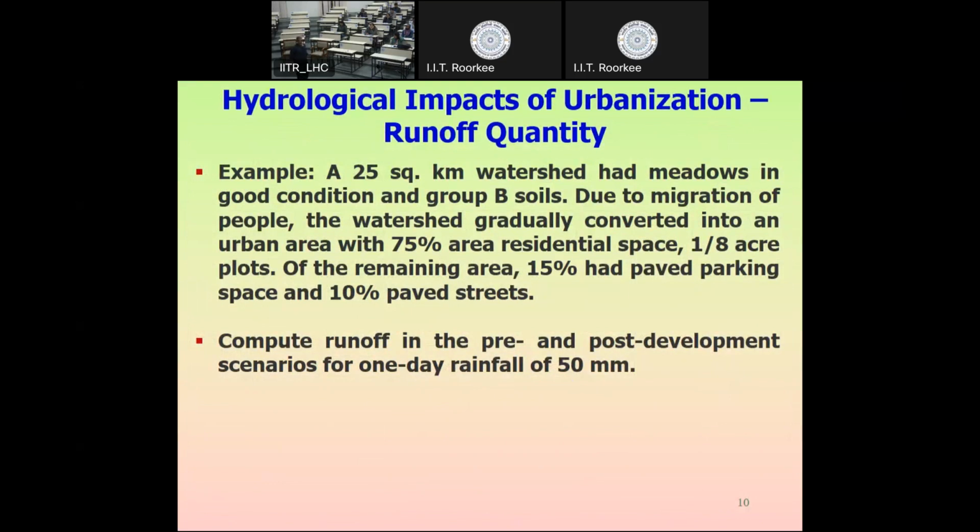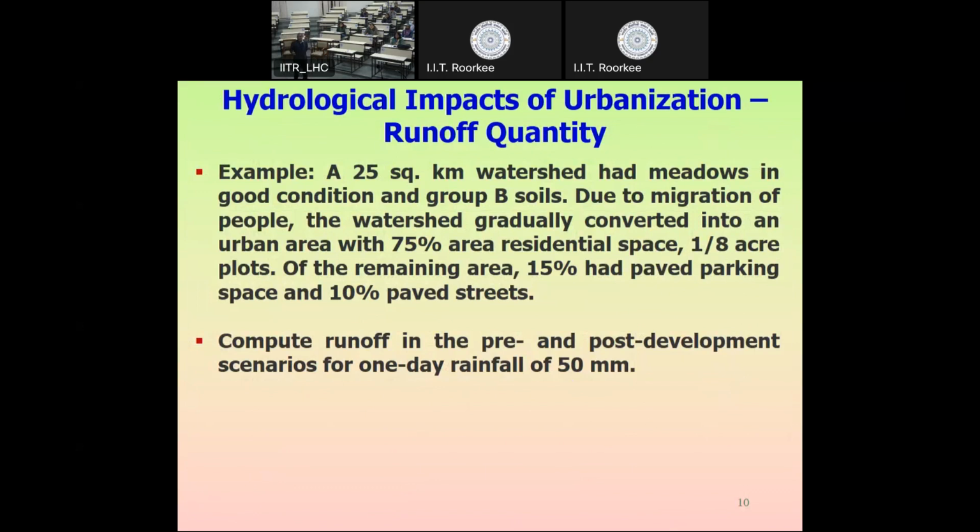The problem is we have a watershed whose area is 25 square kilometers. It has meadow, that is the land cover, in good condition, and group B soils. So this is a sort of forested or meadow type watershed. But somebody decided to develop a city here, and gradually people started coming to this place and started living.